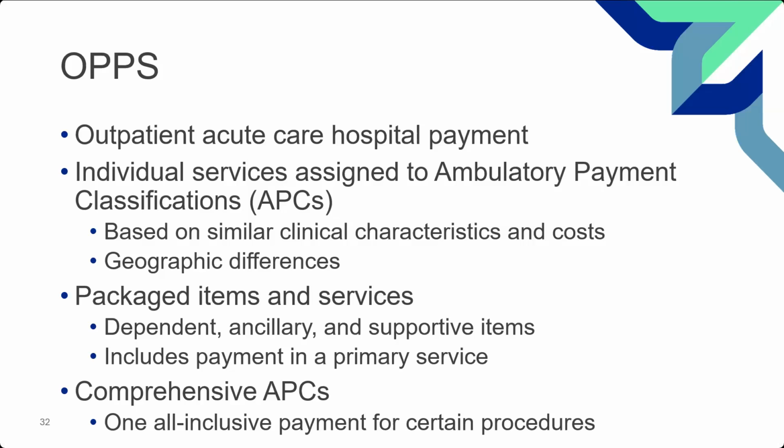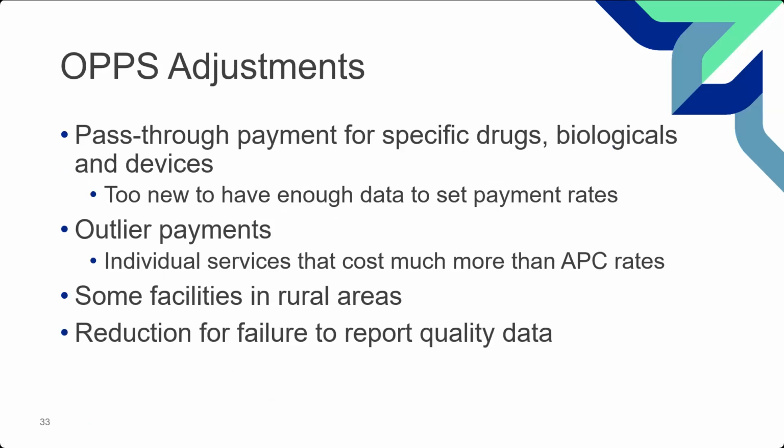Okay. The outpatient prospective payment system does give you one base payment for everything, but it does have some different types of adjustments that can happen, and they have pass-through payments for specific biologicals and devices. They also offer this for new items where they don't have enough data to set the actual payment amount, so they have this pass-through process, and we talked about the new stuff.